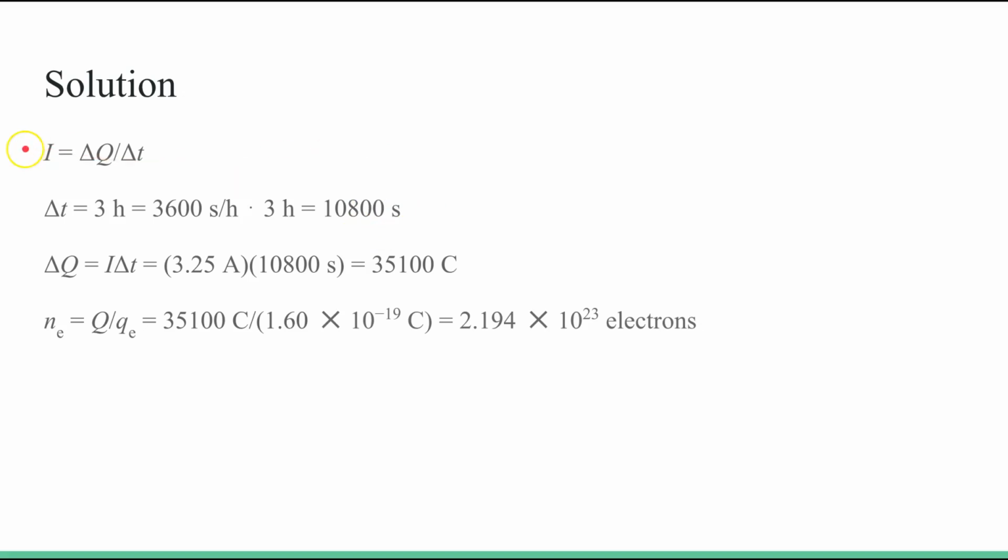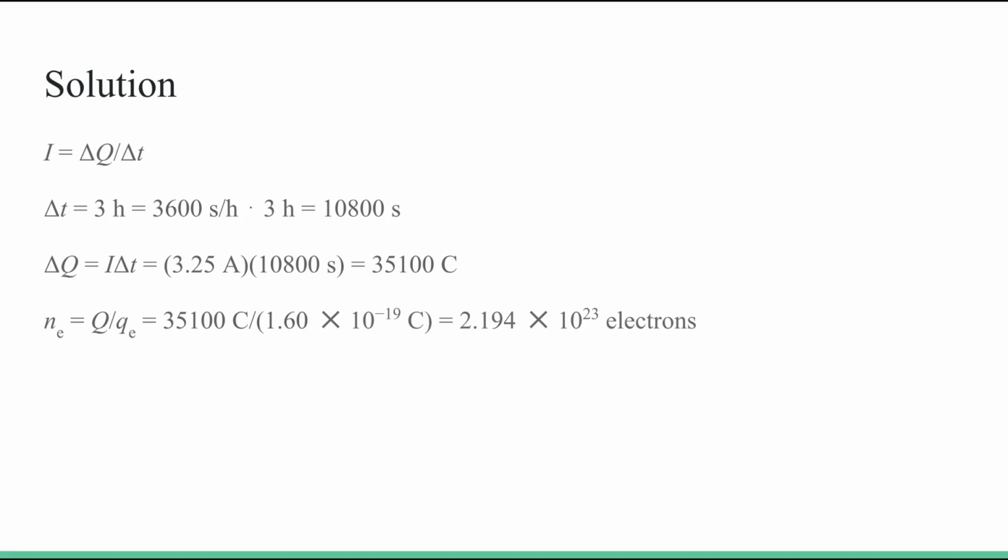Then you can use I equals delta Q over delta T. Multiply both sides by delta T and substitute the numbers. Delta Q equals I delta T, which equals 3.25 amps times 10,800 seconds. That equals 35,100 coulombs.